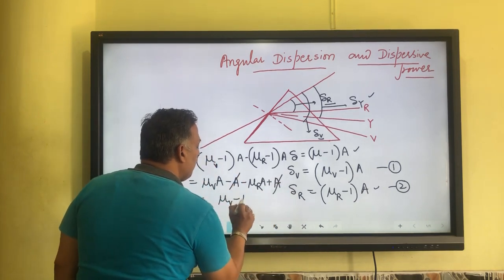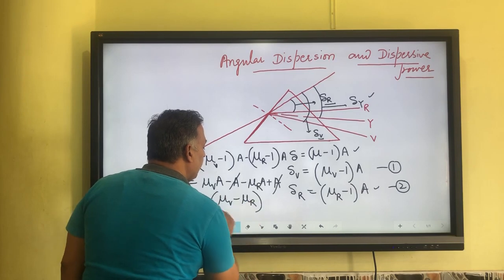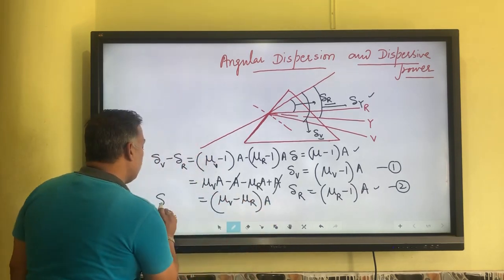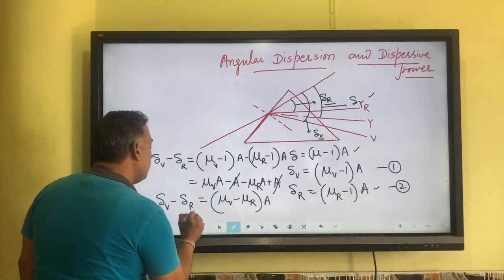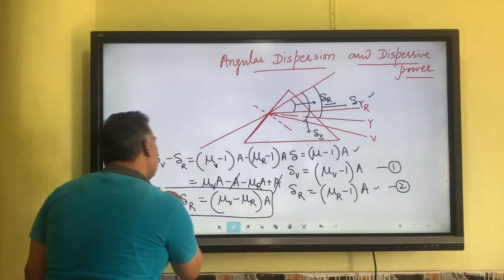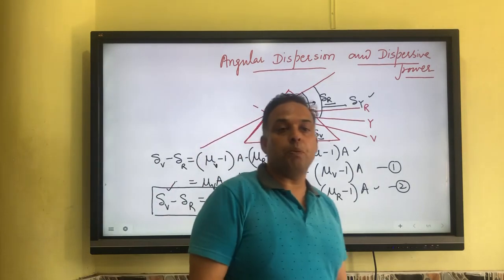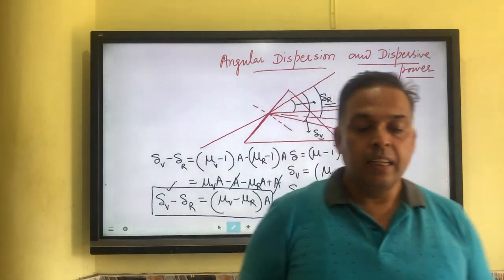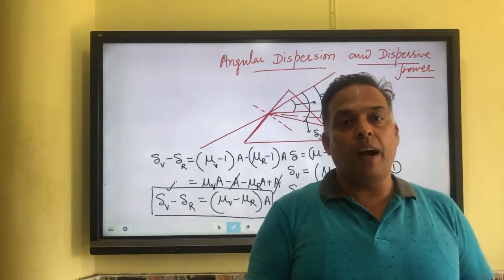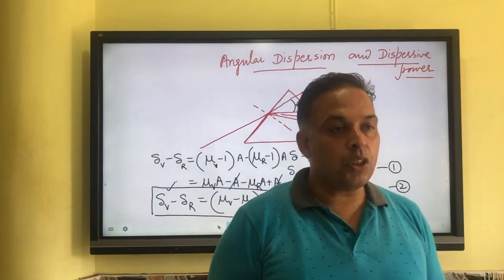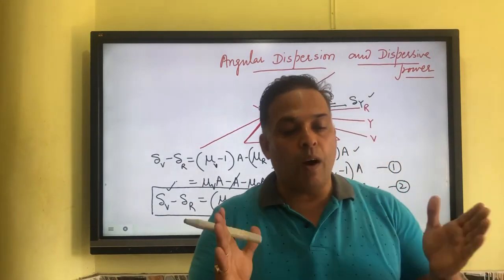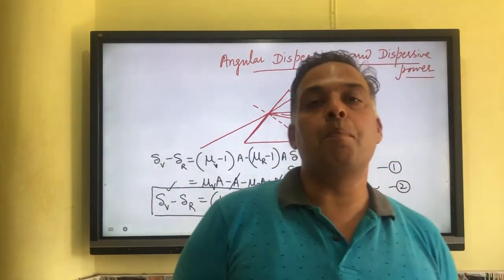So (mu V minus mu R) into A is equal to delta V minus delta R. This is called angular dispersion, the difference between the deviations for violet and red components.